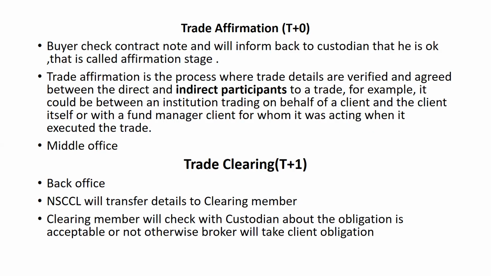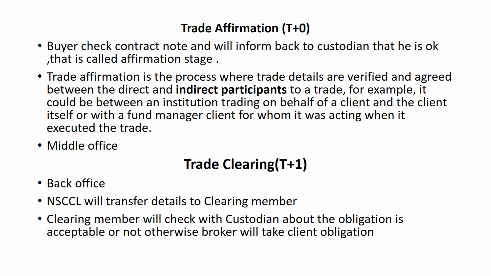Every broker gets his trade cleared from the clearing member, and a broker can be a clearing member also, as I explained in the first slide. A broker can also have a clearing member from another institute. This clearing member will check with the custodian whether the obligation is acceptable or not. Otherwise, the broker will take the client obligation. Here I can give you an example.